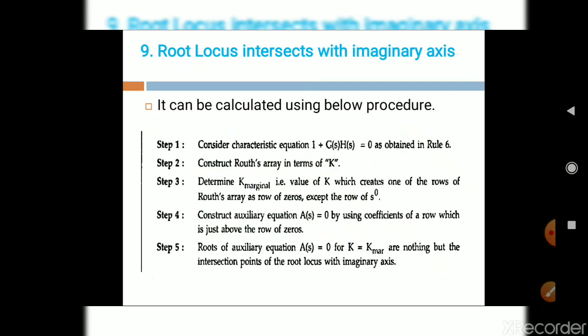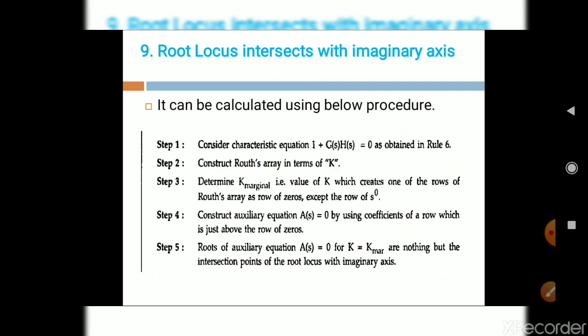For that purpose we again have some steps. How to calculate the point of intersection to the imaginary axis? First of all, again we need to consider the characteristic equation, which we have already derived in the previous step. Now arrange that characteristic equation in Routh array form, solve that Routh array, find the value of k marginal, and put that value of k marginal in the Routh array.